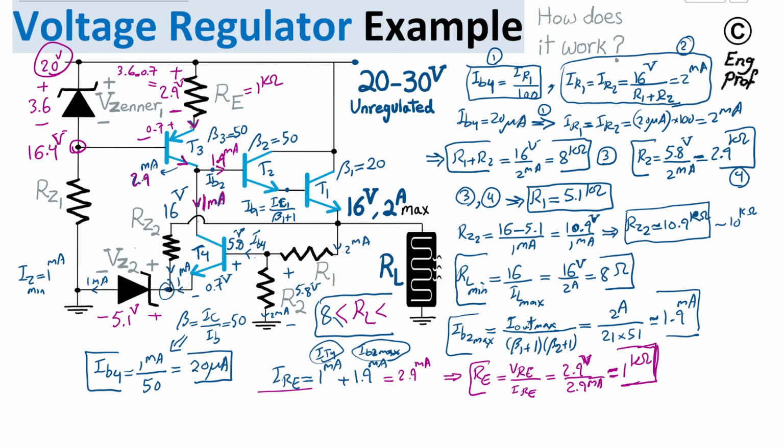difficult. You can see that the current planned, as we discussed, for RE, or basically for emitter of transistor T3, is 2.9 milliamp. The beta for T3 is 50. So if there is a current of 2.9 milliamp going through the emitter of T3, the base of this transistor has a current IB3.